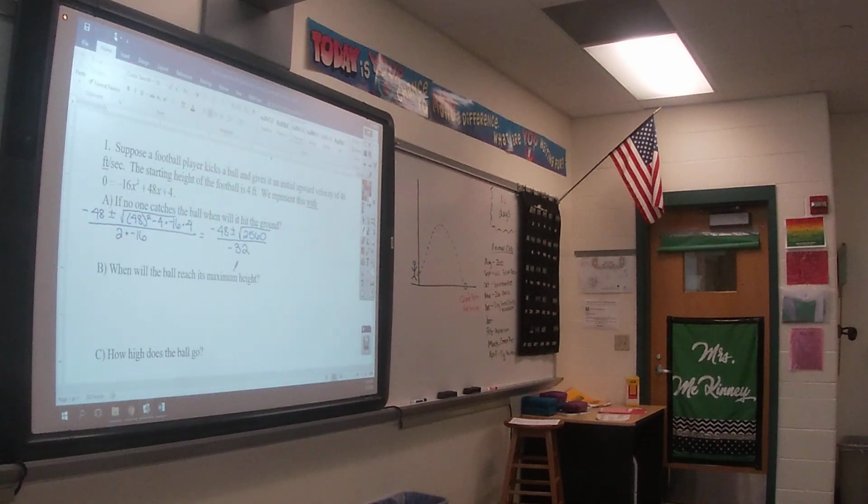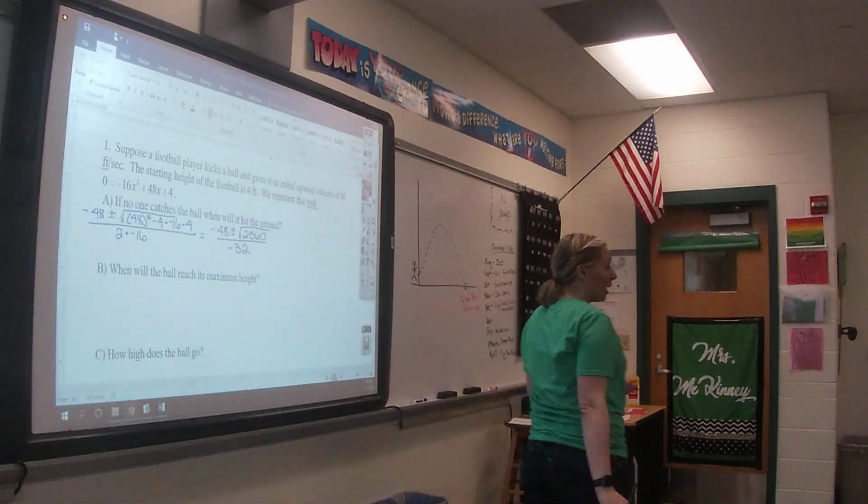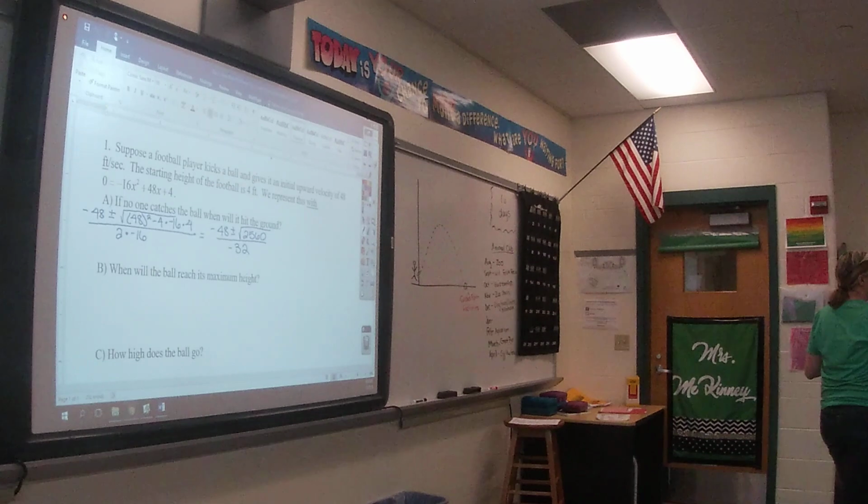What do we do after we're here? Square root, dude. We take the square root of that number. It's not a perfect square. So if it's not a perfect square, what do we do? Are we going to prime factor and simplify, or are we going to round? Round. Why are we going to round?